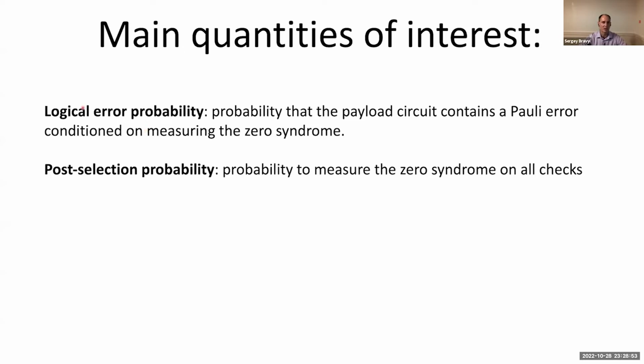This is a logical error. And of course, we want to make the probability of logical error as small as possible. And post-selection probability is how often we actually measure zero syndrome on every check. It controls the sampling overhead.